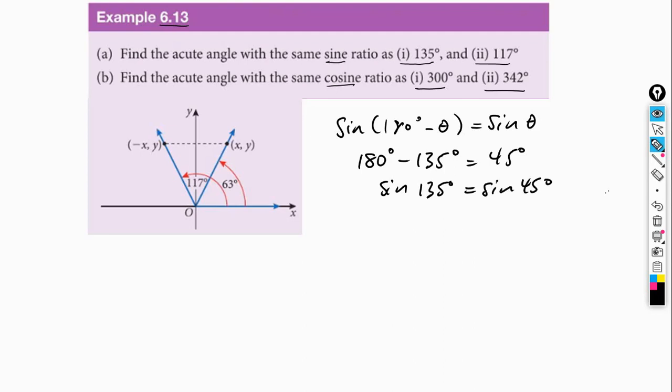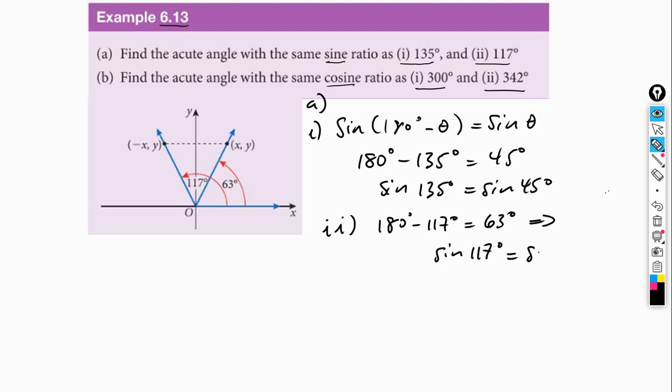So this is for part 1, for A. And then for part 2, we have that 180 minus 117 degrees is going to equal 63 degrees. Therefore, we have that sine of 117 degrees is equal to sine of 63 degrees.